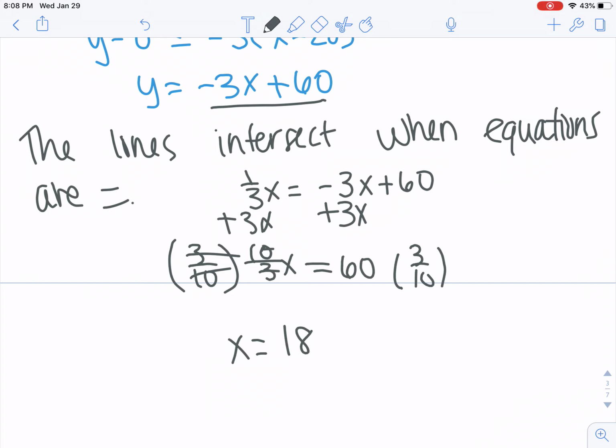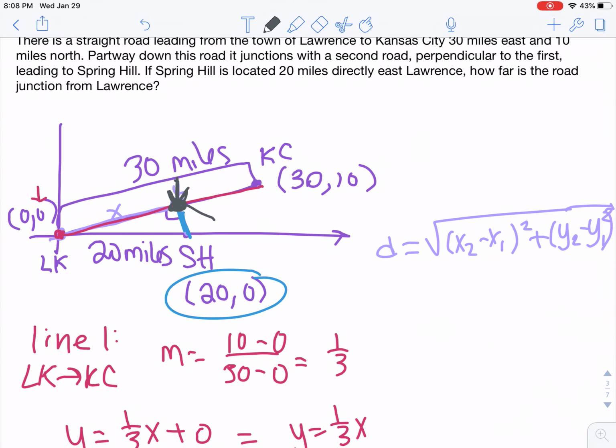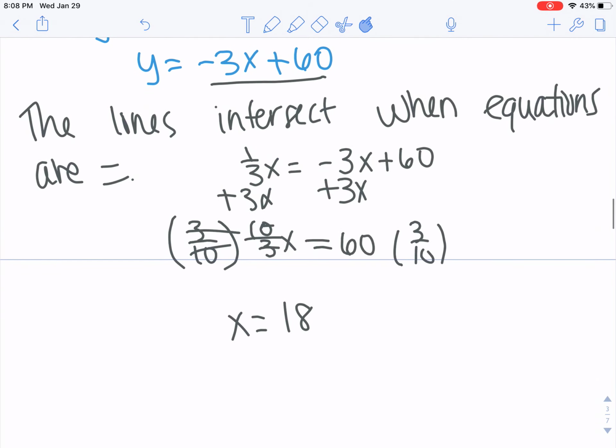So now I know x equals 18. Going back to my picture, at this point right here, the x value is 18. I need to know the y value. Well, that point is on both lines. And any point that falls on the line, you can just plug that x value in and solve for y.